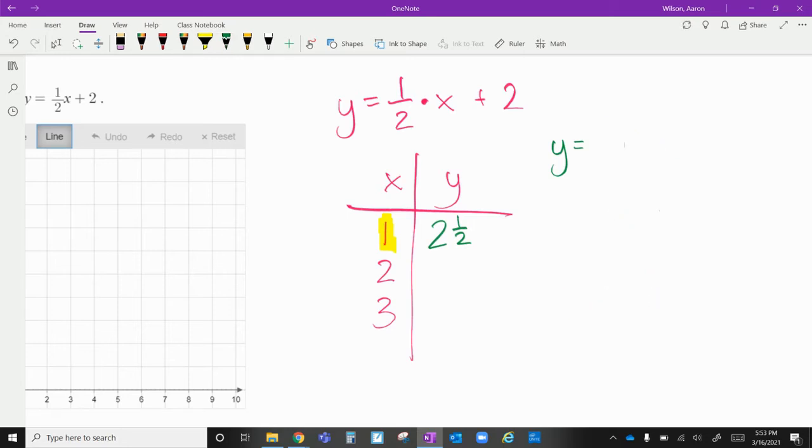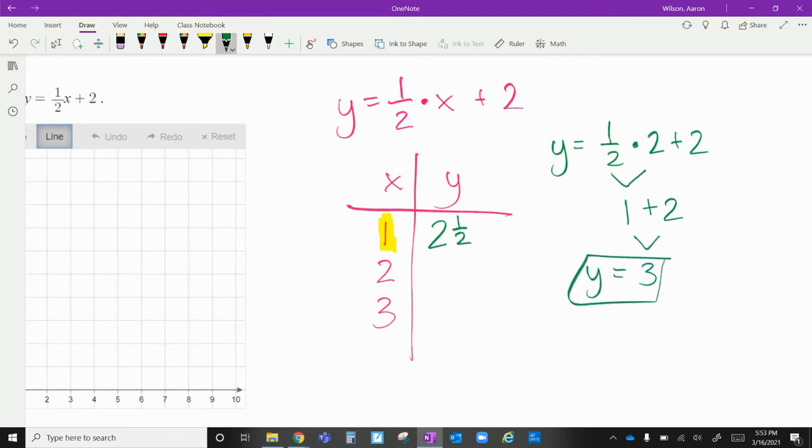Now let's try 2. Now I'm going to plug in 1/2 times 2 plus 2. Well, half of 2 is 1, and 1 plus 2 gives me 3. So this means y has to equal 3 when x is 2. We keep going here. Now let's do 3.